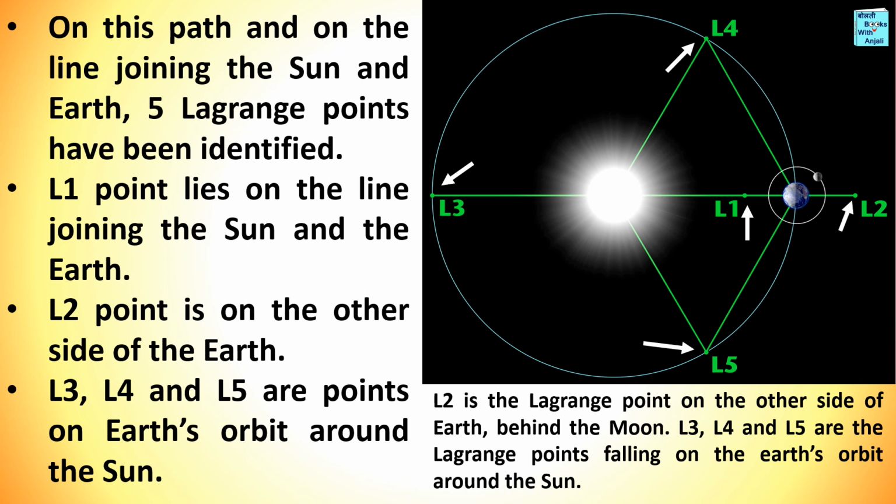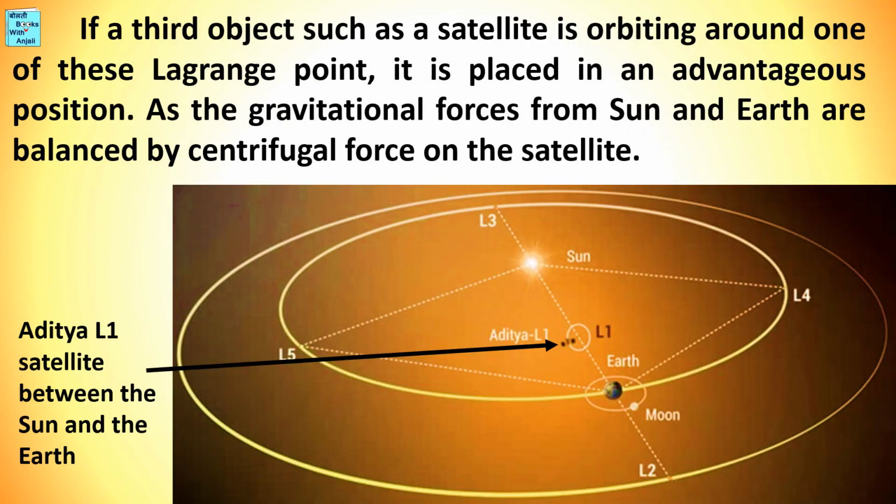In this picture, we can see L1, L2, L3, L4 and L5, the 5 Lagrange points at different positions. If a third object, such as a satellite, is orbiting around one of these Lagrange points, it is placed in an advantageous position as the gravitational forces from Sun and Earth are balanced by centrifugal force on the satellite.